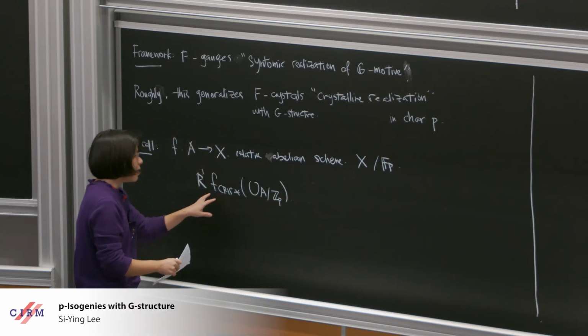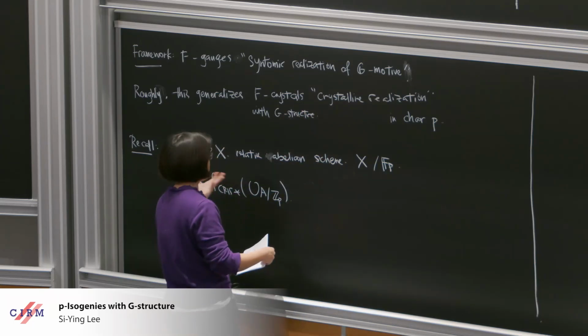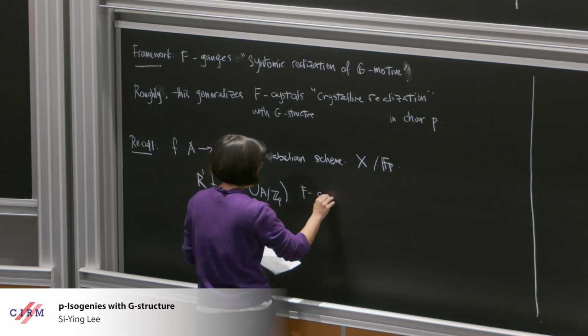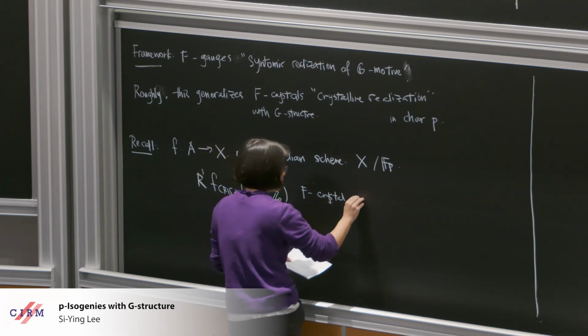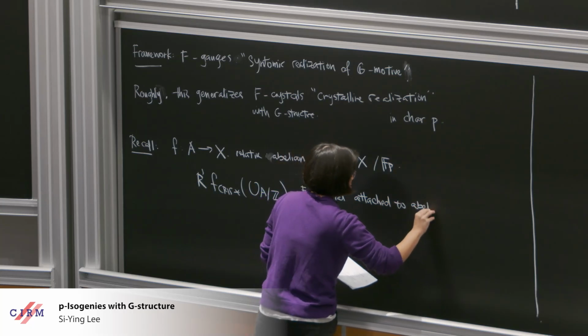So this is the crystalline realization of the motive attached to this abelian scheme. So this is the F-crystal attached to the abelian scheme.